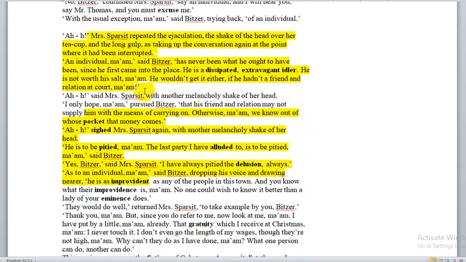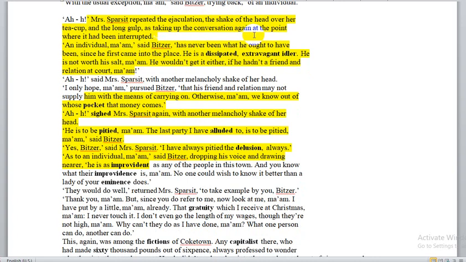Mrs. Sparsit repeated the shake of the head over her teacup. "An individual, ma'am," said Bitzer, "has never been what he ought to have been since he first came into the place." This is how Bitzer considers Tom. He is dissipated, extravagant, an idler, lazy and wasteful.